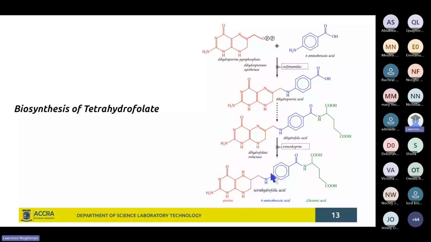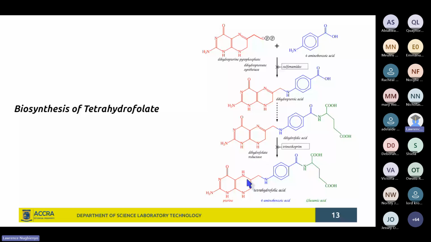But when you look at the dihydrofolic acid and the tetrahydrofolic acid, what's the difference? You can see that if you take the red part of the molecule, there is no hydrogen on that nitrogen, and there is a double bond, looking at the two red rings that are fused together. But when you come down, you realize now there is a hydrogen on that nitrogen, and the double bond is also removed.